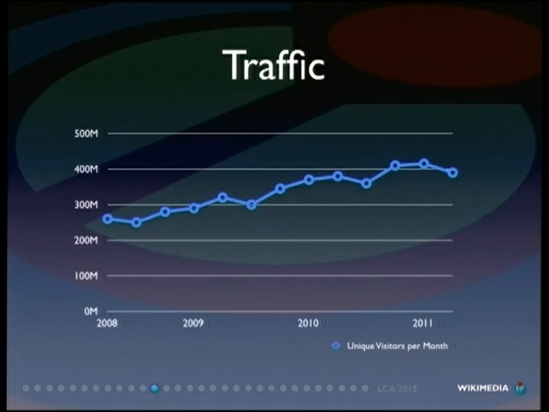This chart unfortunately doesn't go any farther, but I think the latest numbers for late 2011 are somewhere between 400 and 450 million. I'm not exactly sure, but that's a lot of traffic. So whatever clever system you come up with to make resource delivery nicer from a front-end perspective also has to scale and work efficiently on the back end.